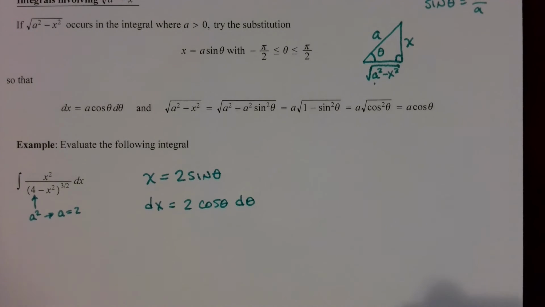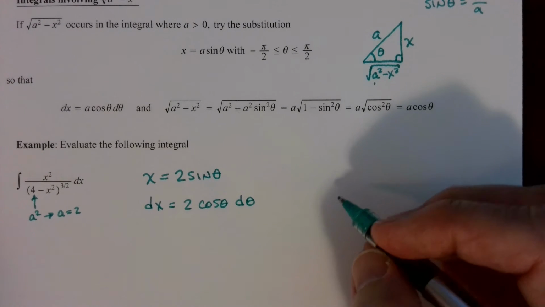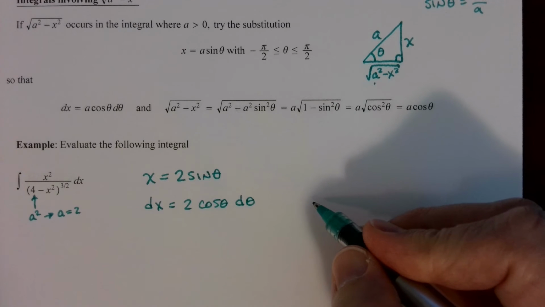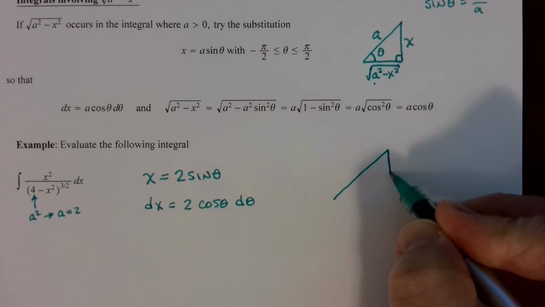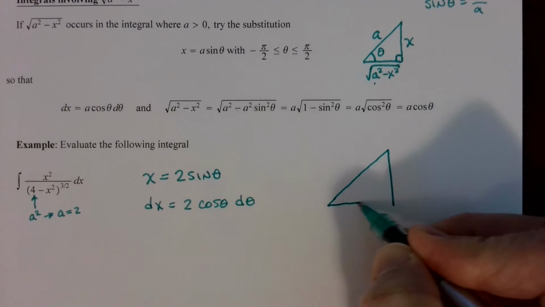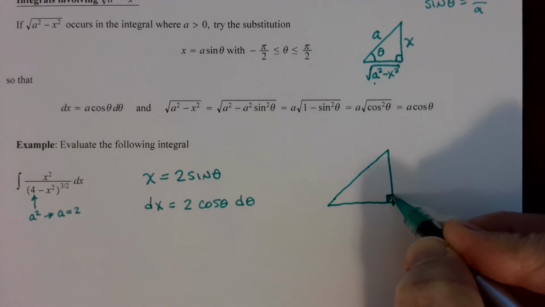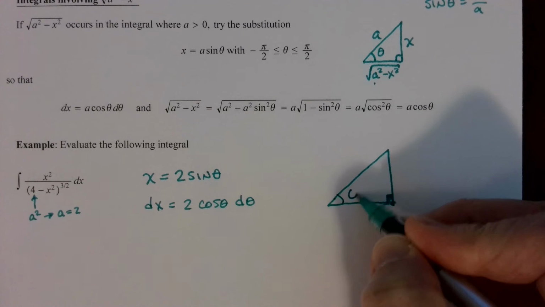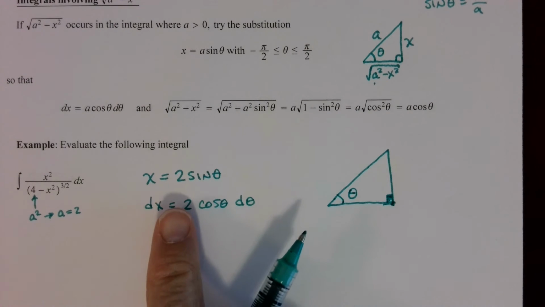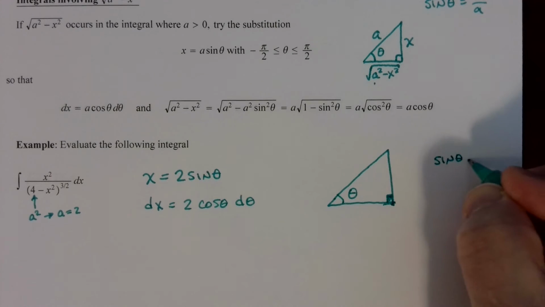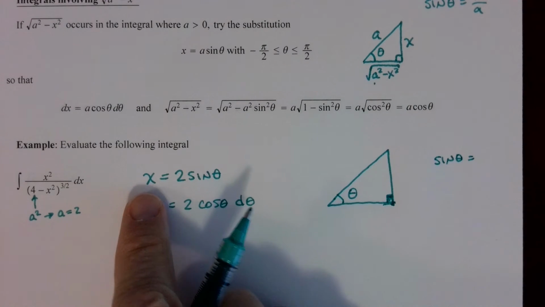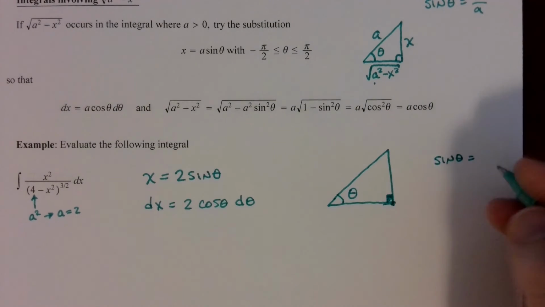Okay. Now I can go ahead and draw my right triangle right now. And notice that I have sine theta is what? x equals 2 sine theta. So sine theta is x divided by 2.